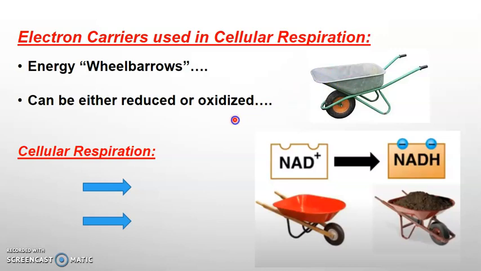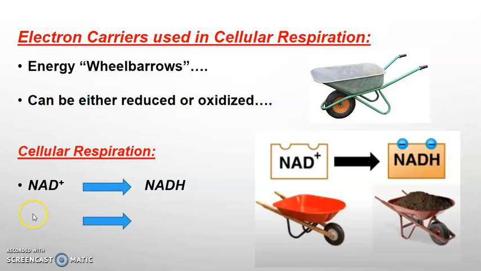So we're no longer going to be using NADPH or NADP plus here for cellular respiration. We'll be using two different ones. And this time we're going to be saying NAD plus can become reduced and become NADH. It's going to be hard not to say that P this time, but we're just going to eliminate it. So NAD plus will accept electrons, become reduced into the form of NADH.